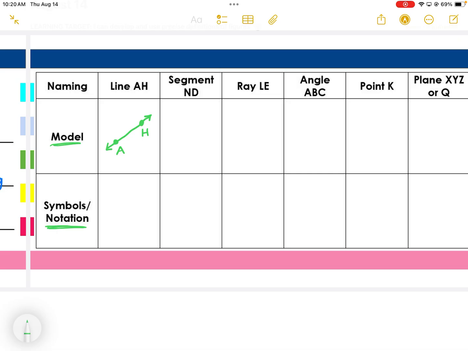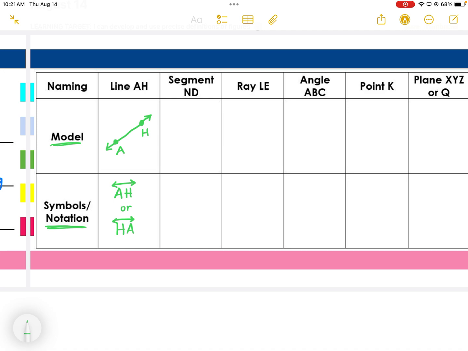The symbol for that is AH with a line over it. You can also call this line HA. The order of the letters doesn't matter, but put 2 points of the line there and then draw a line with arrows over the top.